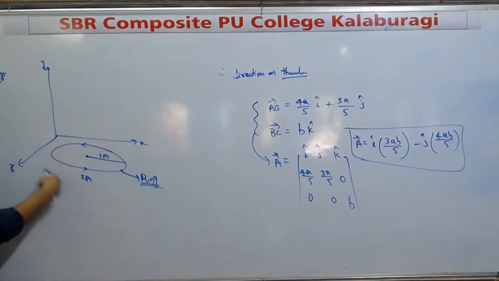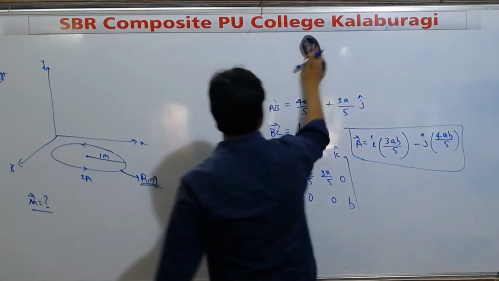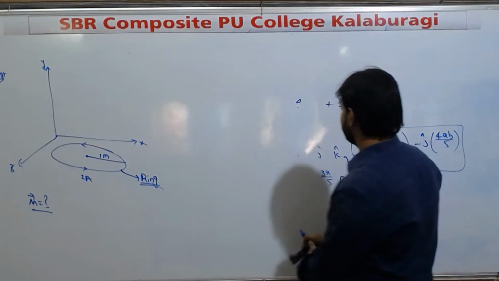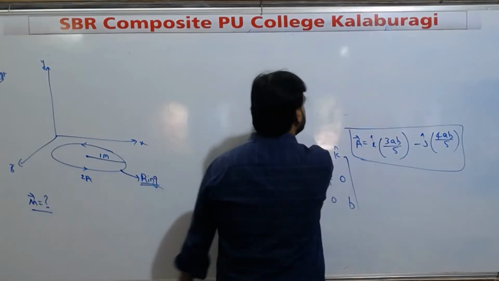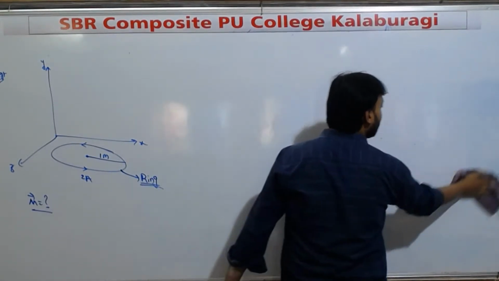In that ring, how much current is flowing? 2 amperes. Radius is 1 meter. Find the magnetic moment. Understand the question first.